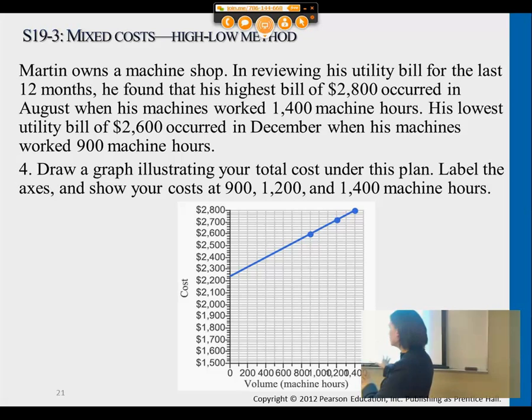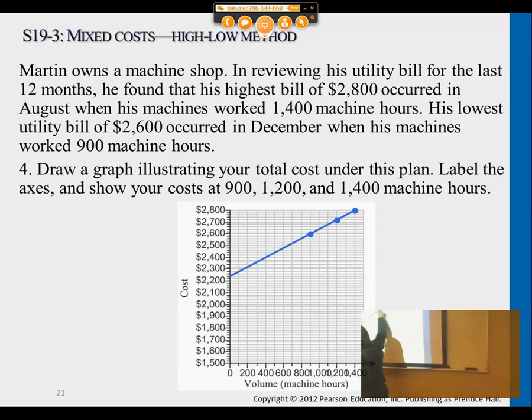Although it's not all colored, if you look right where the mixed cost intercepts with the cost axis is where I can determine my fixed cost. How can I do that? Right at the 0, think of it this way. No matter how much I produce, I have to pay this. Okay, so this is my fixed cost. It doesn't matter. Even if I produce a 0, it's still the same.